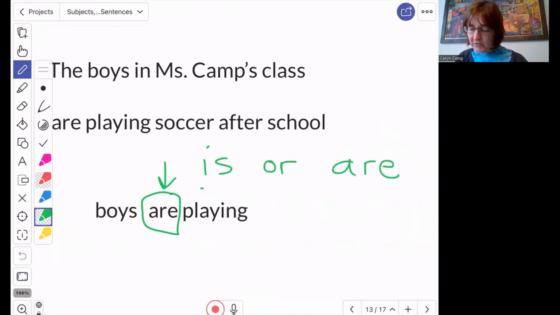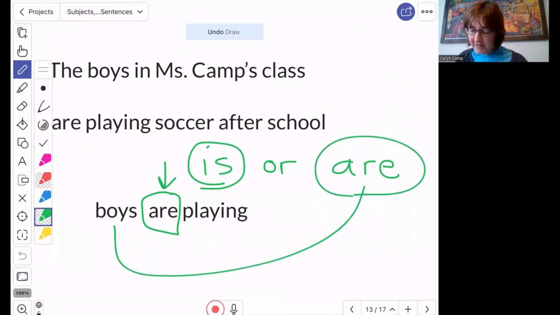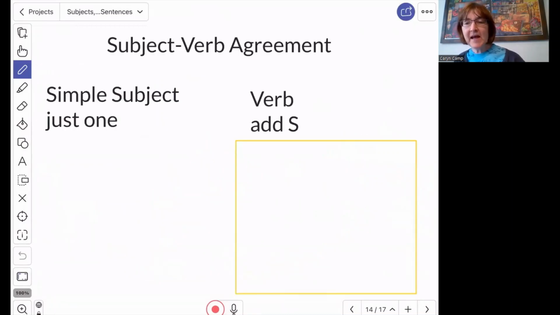And we only use is if this is one person, and we only use are if this is more than one person. So we have to be able to ask that question. So being able to ask and answer that question is called subject-verb agreement.